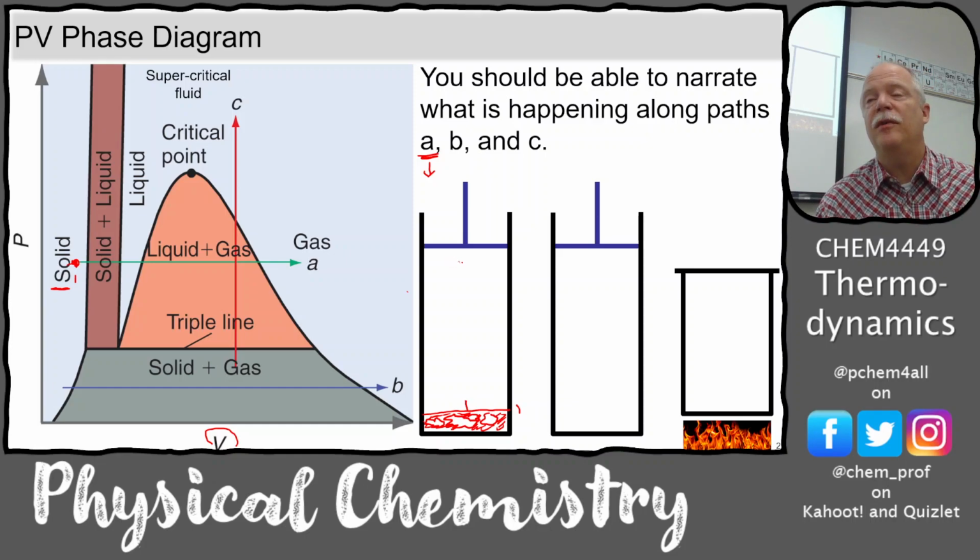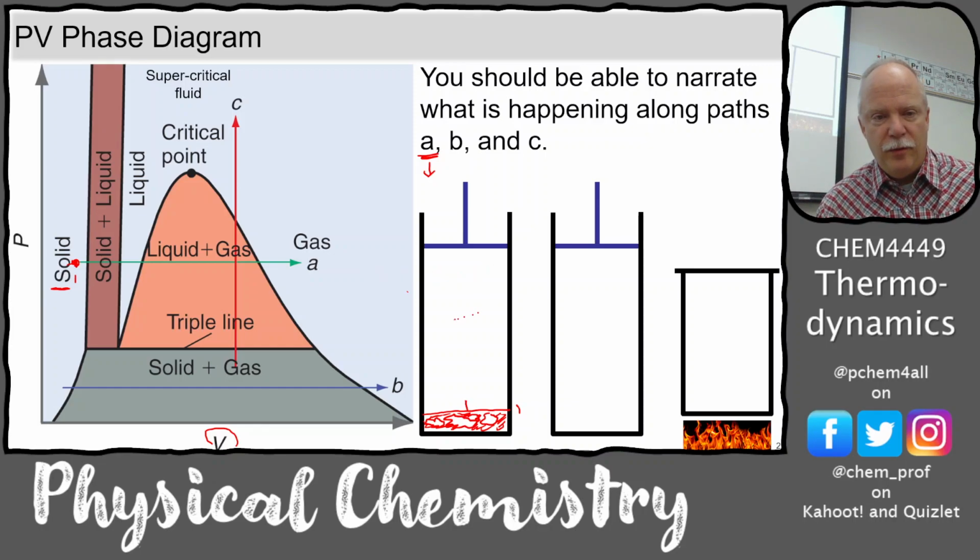If you increase the volume of a gas but you don't change the temperature, the pressure will drop. If we maintain the same pressure and increase the volume, we've got to add temperature. So going to the right, in this particular case, we're also heating it up. But you can't see that in a PV phase diagram because all you have is P and V. So there's a temperature axis somewhere. We just don't see it, okay?